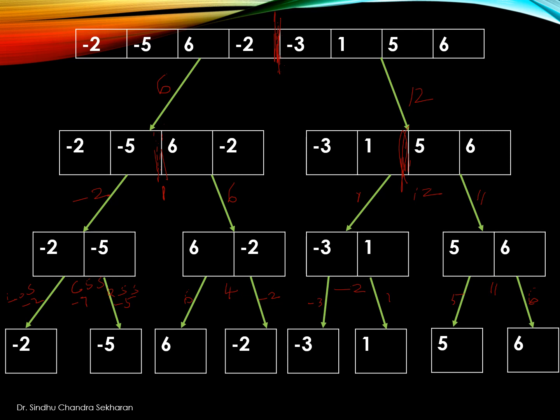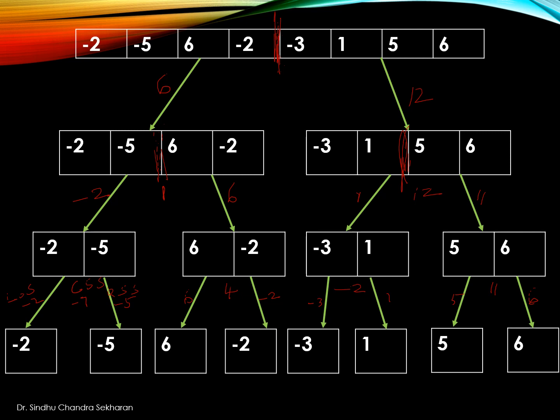Now what is the crossing subarray sum? I have to add these two values first, which is -5. Then I can go further on this side, and similarly on the other side, from mid plus 1 to the rightmost point, such that I get the largest subarray sum. So with this, I get -5. I add this 6, so I get 1. And then I have 3 positive numbers on the right.